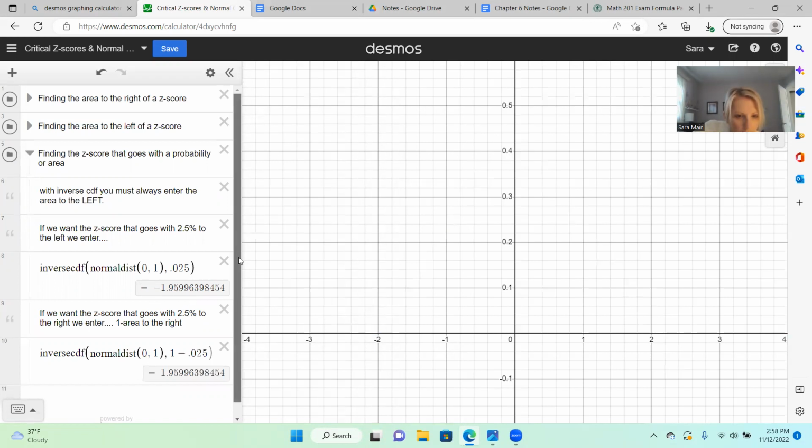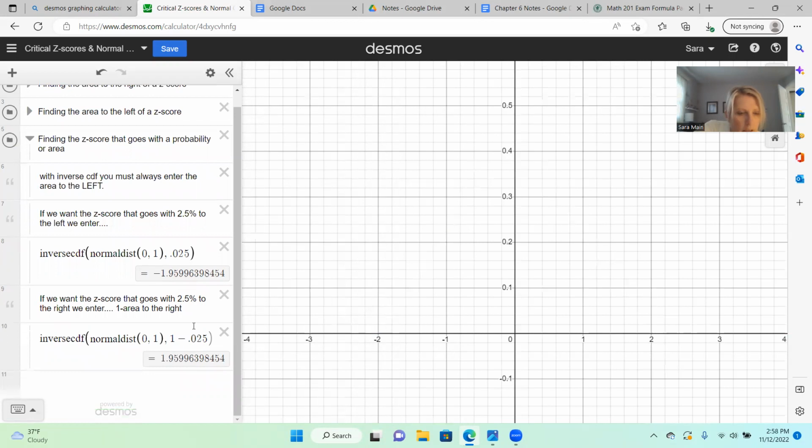If I want to know the area to the right, then I'm going to use 1 minus that, because I put in a note here that with inverse CDF, you must always use the area to the left. That's how it works. So if you're finding an area to the right, you have to use 1 minus that area, and it will give you the positive z-score.